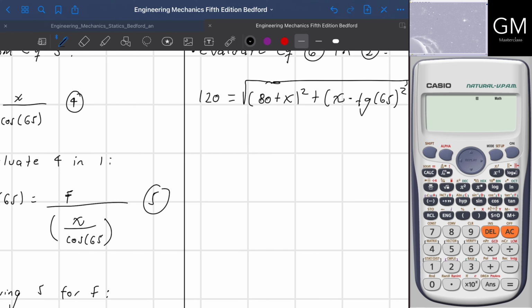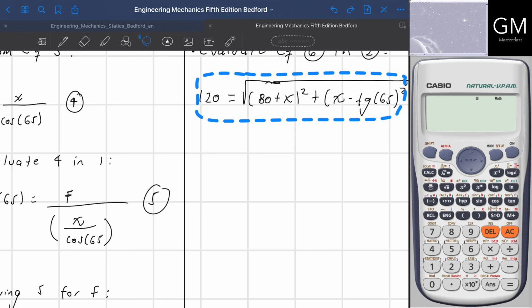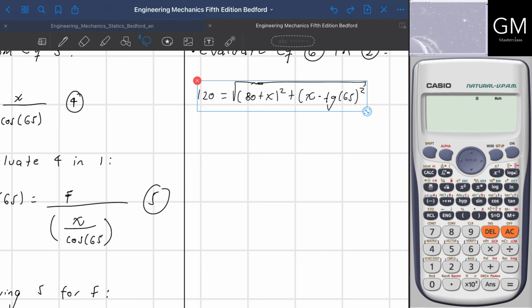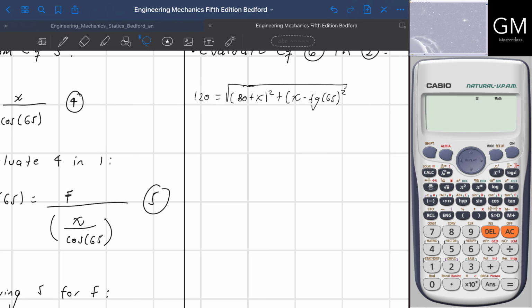I could start playing with this equation to solve the x value, but what I'm going to do here is to use the calculator. Okay, so I'm going to call this equation number 7.